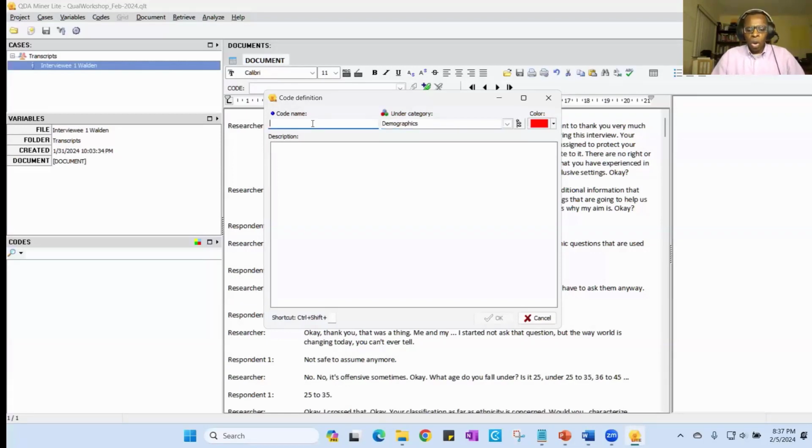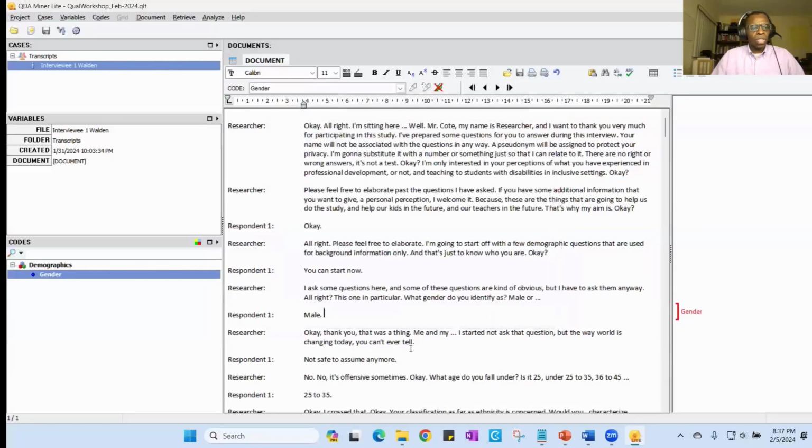The code is gender. So basically, this specific word is related to gender under the category of demographics.